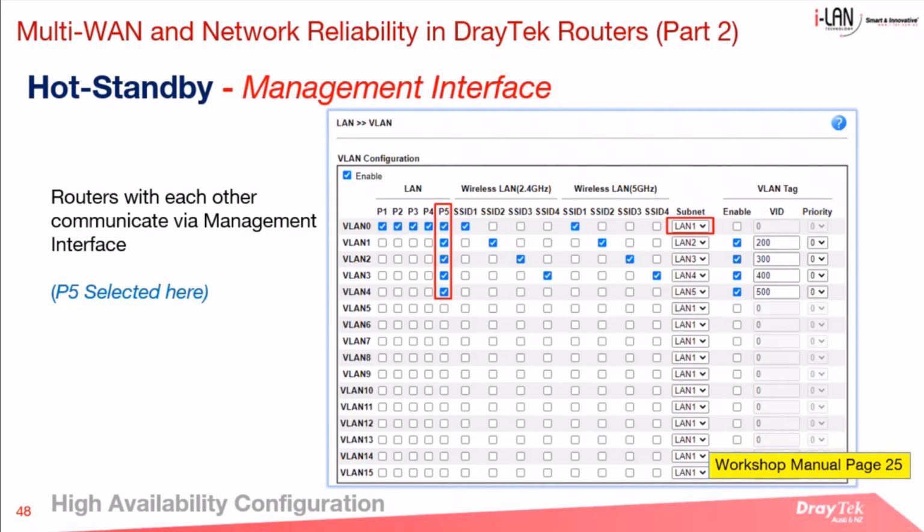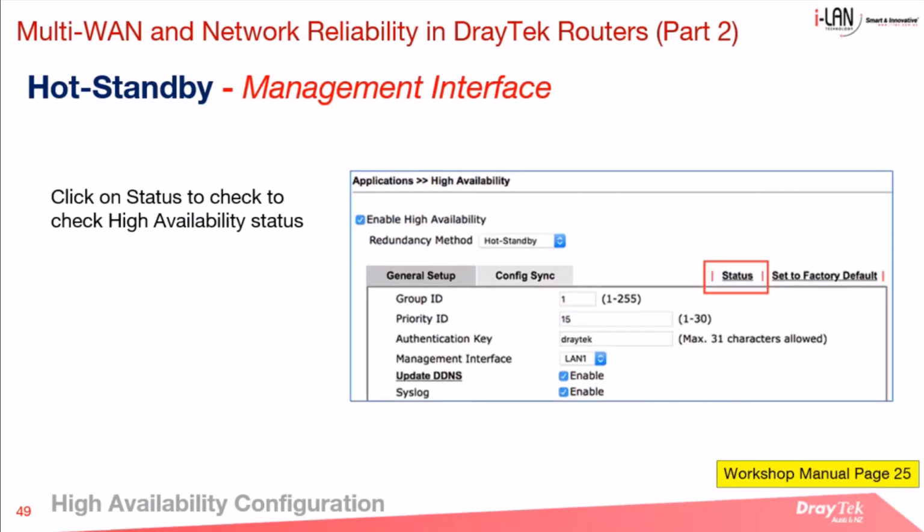In this case, we have selected port 5. After connecting all the routers and ensuring that they are operational, you can verify the high availability status by clicking on the status link.